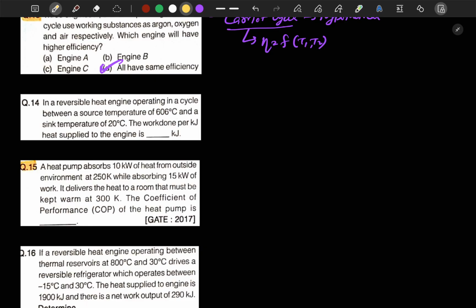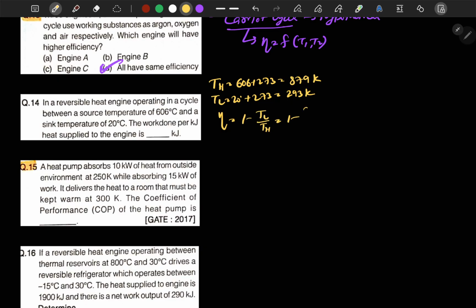We have been provided with TH equal to 606 plus 273, which is 879 Kelvin, and TL equal to 20 plus 273, which is 293 Kelvin.